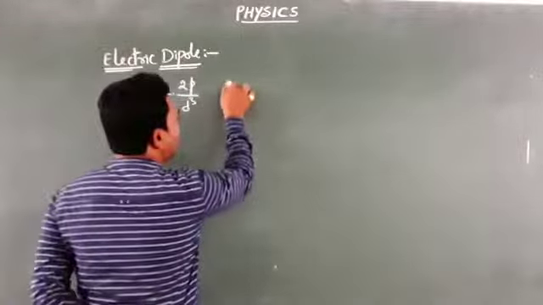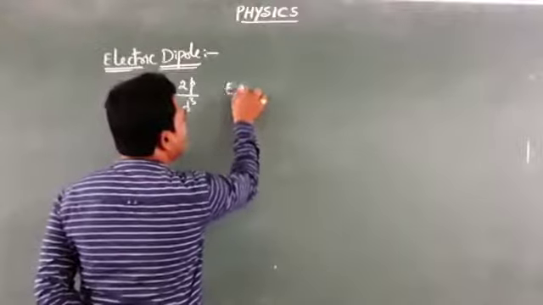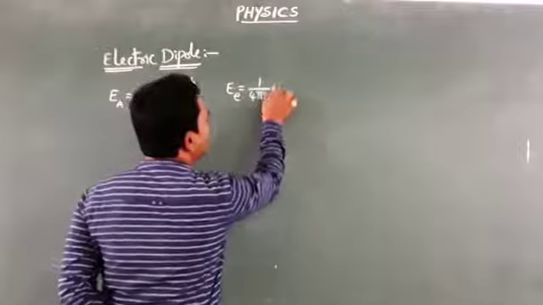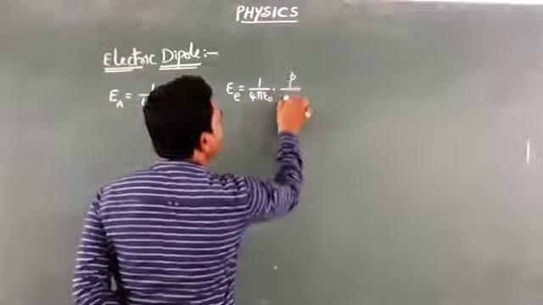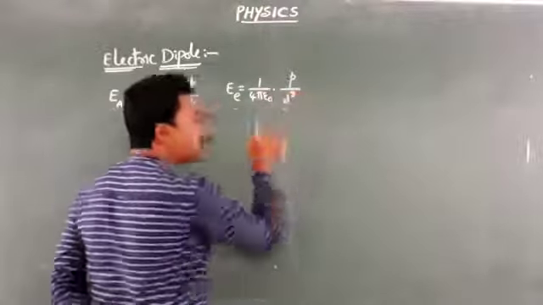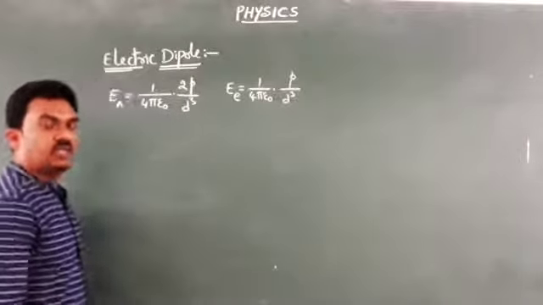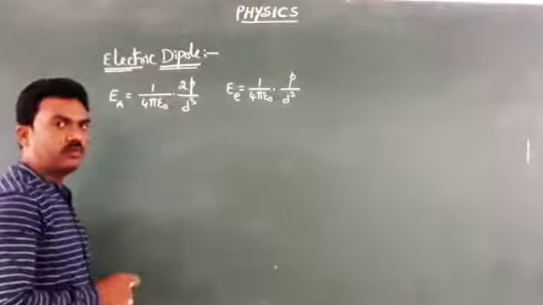At the same time, at a point on its equatorial line, it is 1 by 4 pi epsilon naught into p by d cube. d is the distance of the point on the equatorial line from the center of the dipole.